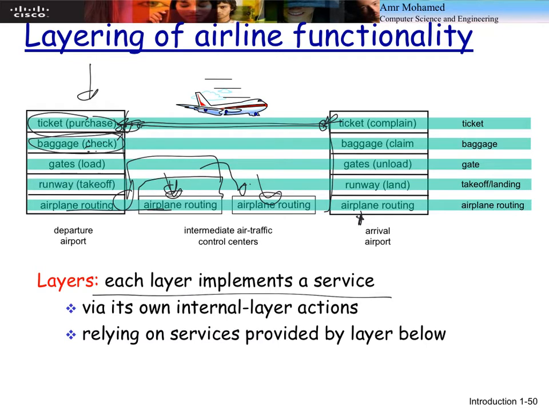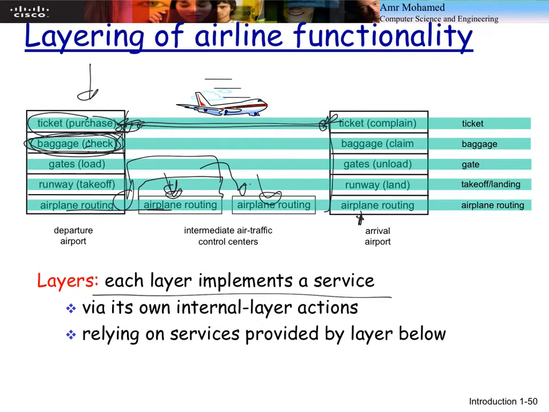The other thing here is that this structure allows us to change the process at any layer, at any point in time, without affecting the upper and lower layers. So I can choose to enhance or modify the baggage claim.